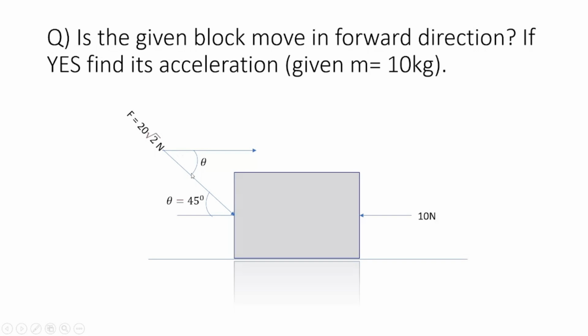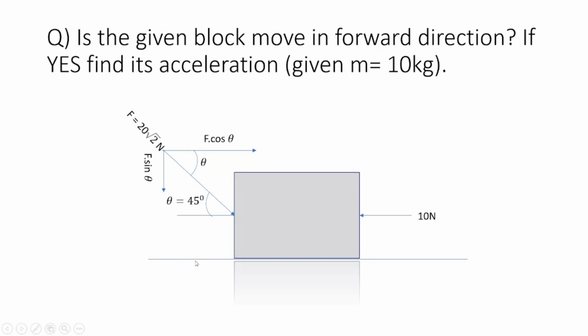This is theta, and this is our horizontal component. Also, a vertical component arises here due to this inclined force. Here the horizontal component is equal to F cos theta by resolving this force, and the vertical component is equal to F sin theta.